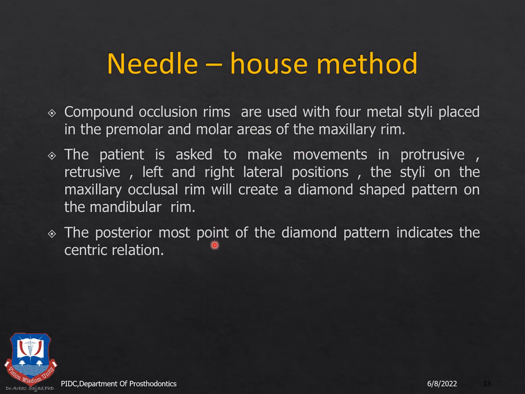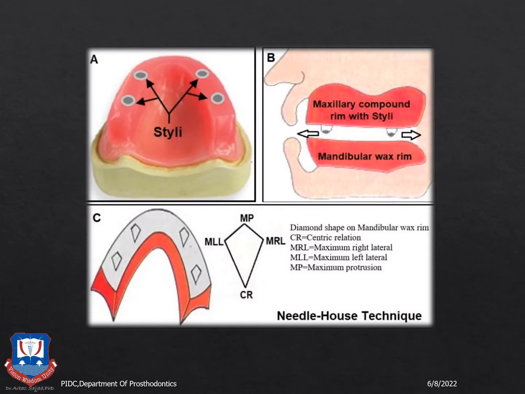The posteriormost point of this diamond pattern is considered as the centric relationship, and then the patient is guided into the posteriormost part of this diamond pattern, and plaster or any type of mouth temperature or regular wax is used to seal the upper and lower rims. So this is how the occlusal rims will look. Of course, these rims were made out of compound, and four studs were advocated by Needle.